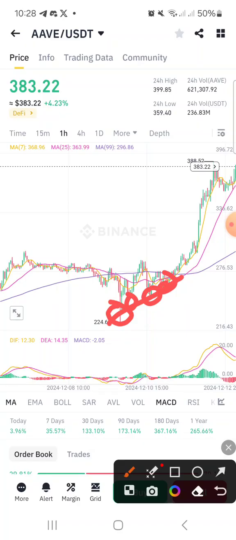That support is a slanted one, going up. So this is a lower support. This is a higher low support, and this is also another higher low support.